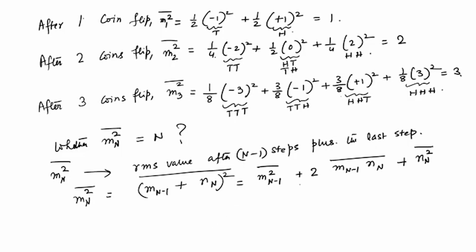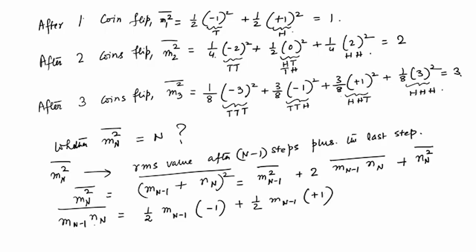Okay. So, if you look at the middle term, which is the product term, m n minus 1 nn average, this will be nothing but half m n minus 1 into minus 1 plus half m n minus 1 into plus 1.